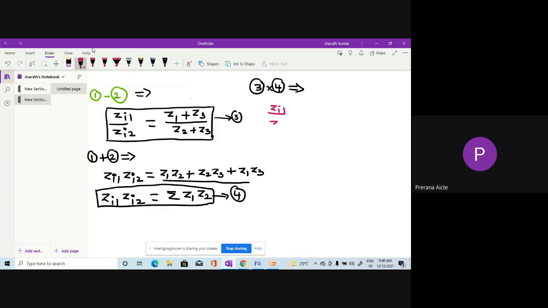Zi1 divided by Zi2 into Zi1 Zi2 is equal to Z1 plus Z3 divided by Z2 plus Z3 into summation of Z1 Z2. Zi2 gets cancelled out. We are multiplying equations 3 and 4 in order to find our image impedance. So Zi1 square is equal to Z1 plus Z3 divided by Z2 plus Z3 into summation of Z1 Z2.